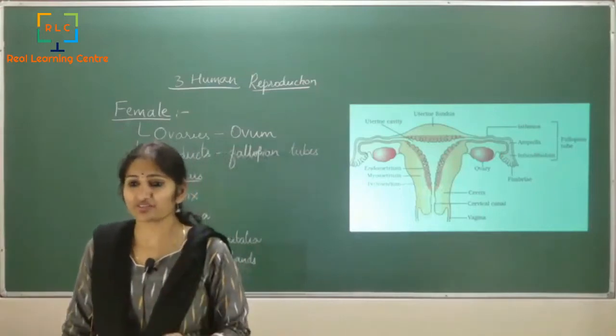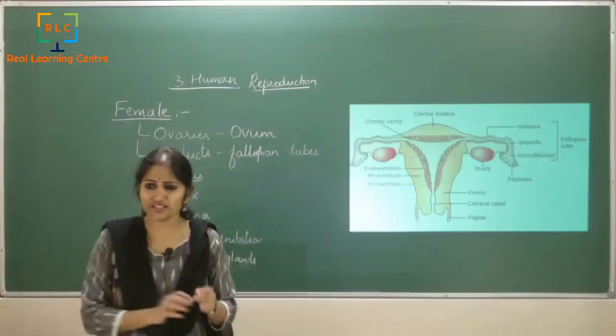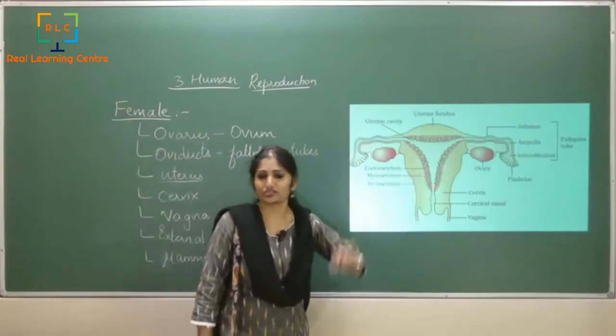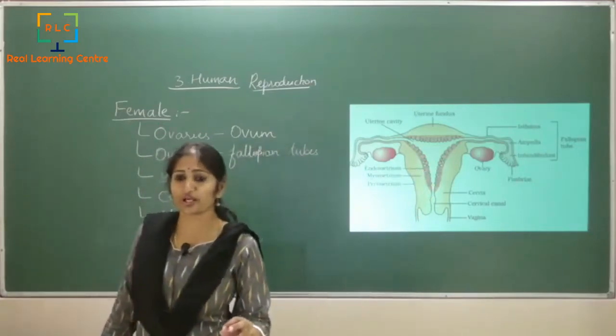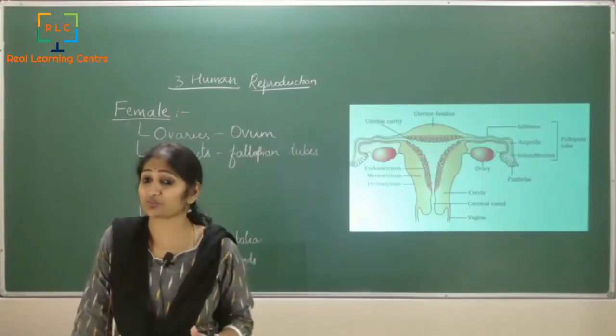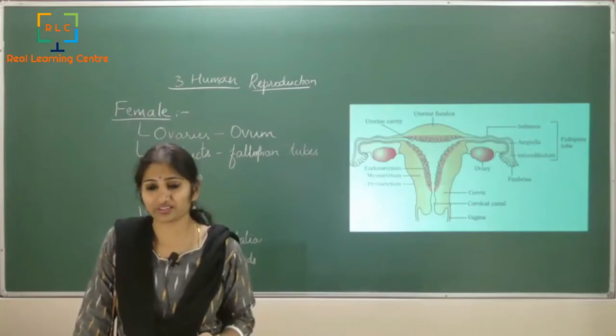Okay, the cervix, you can see that this is a very important region. It's a small canal-like thing which helps in childbirth. We will also call it the birth canal or the cervical canal.